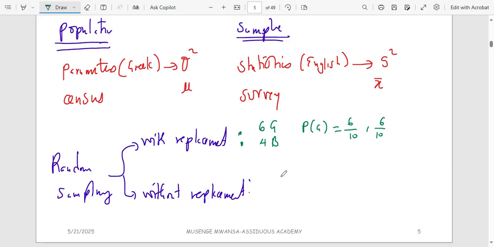And then now for without replacement, let's say you have got the same six green balls and four blue ones.